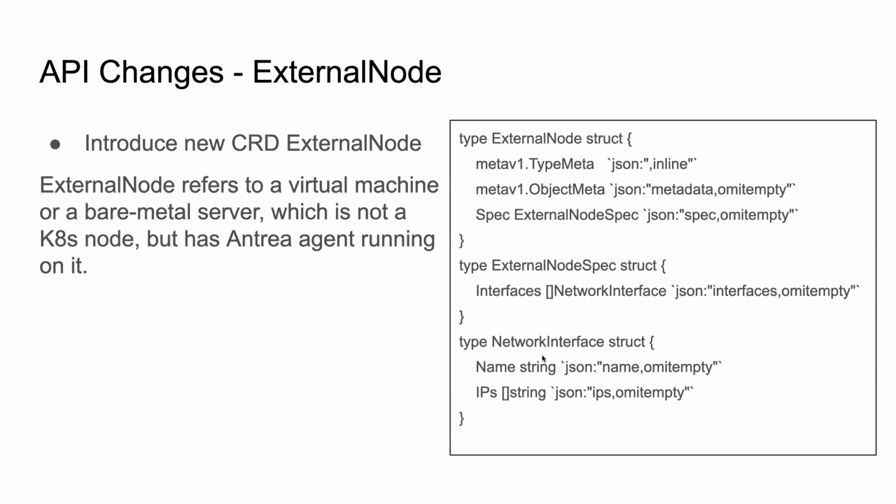We expect IP is a must-have field. I will show later that if you don't specify IP for the network interface, we will not generate the corresponding external entity for this external node. I also need to point out that we define an array for the interfaces here, but for the first release, we will only support one interface per external node. Multiple interfaces may be supported in a future release.